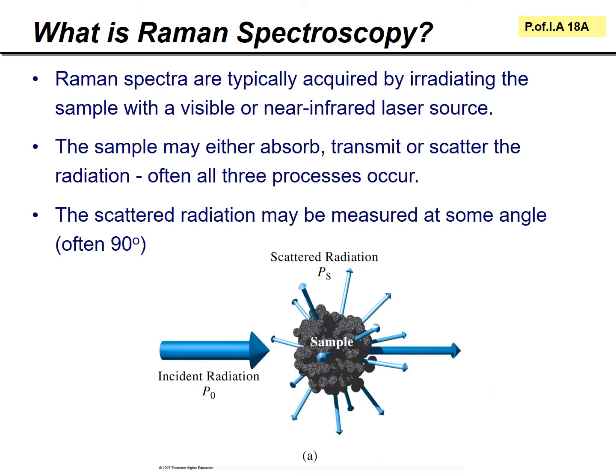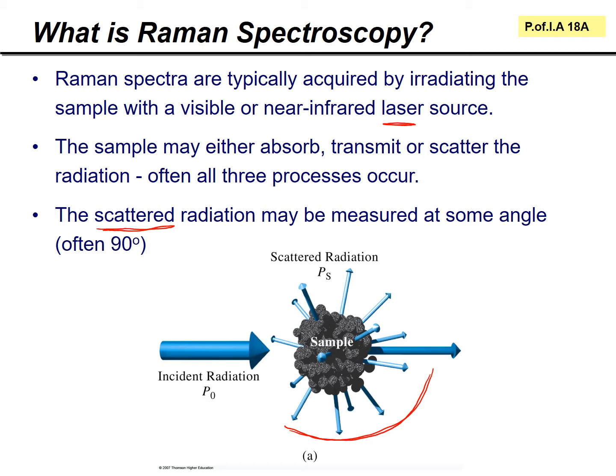So how is Raman spectroscopy done? Well, it's a scattering experiment. So, a visible or near-infrared light source, usually a laser, is shone upon the sample, so quite a high photon flux usually, and photons are scattered, and it's these scattered photons which are detected.